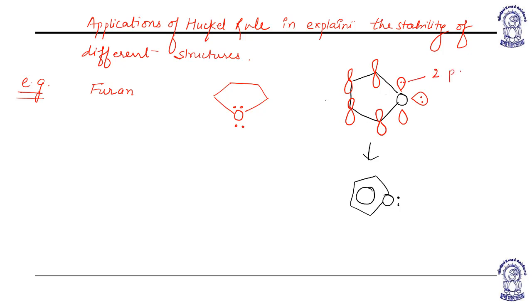These are two p electrons, pure p orbital electrons.